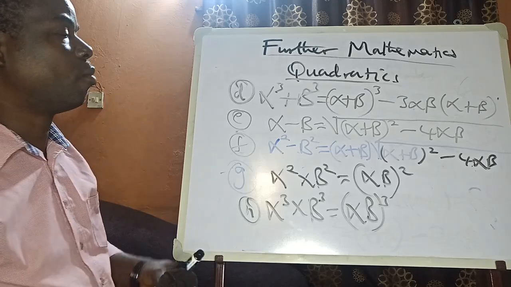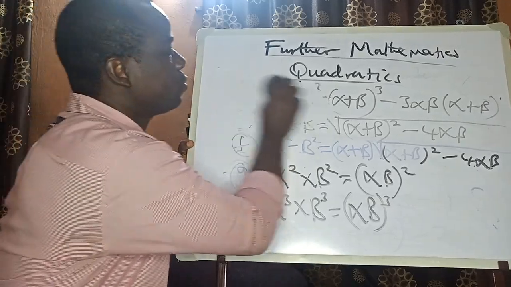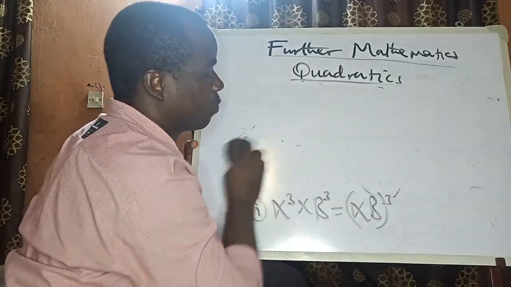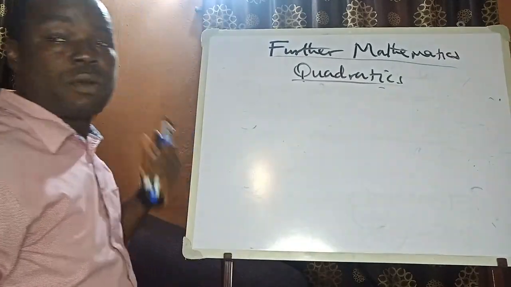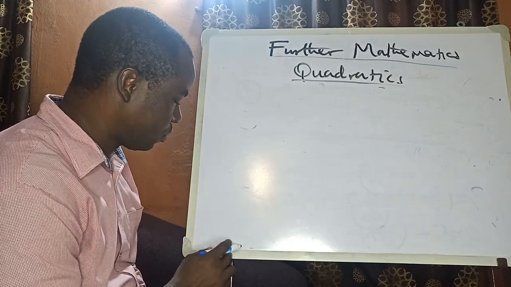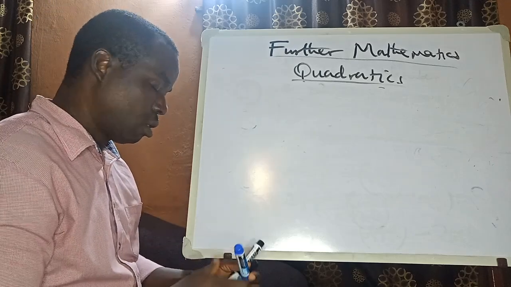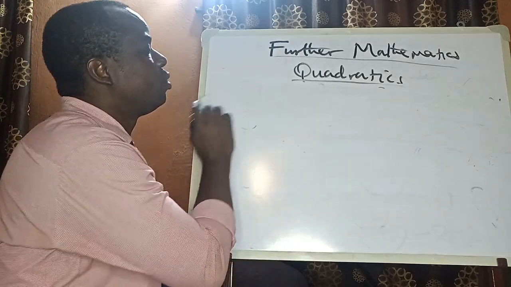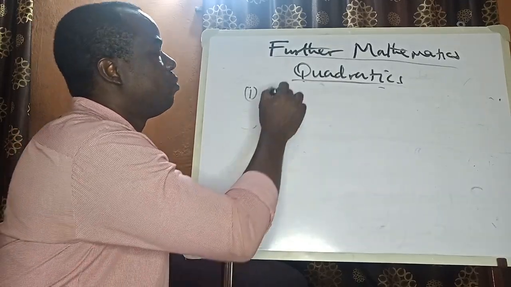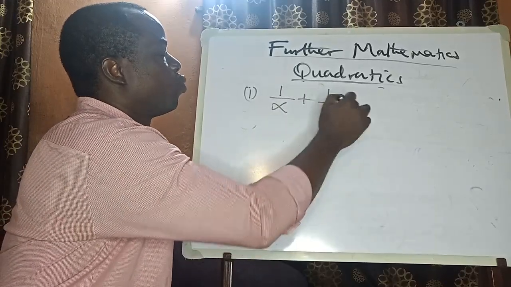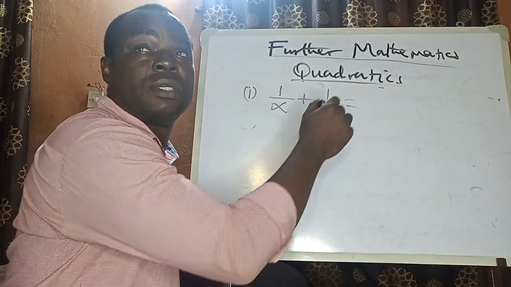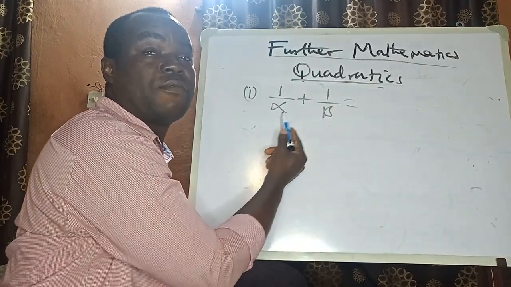Then let us add some other formulas, one or two more. Let us derive the next one. Let's say I, 1 over alpha plus 1 over beta. If you want to do that, you take the LCM of alpha and beta.